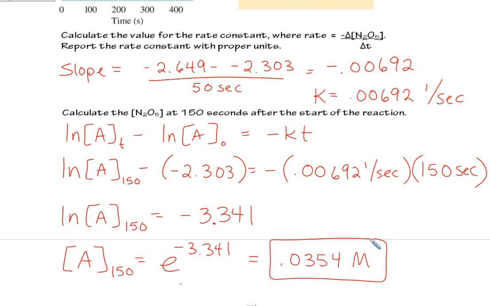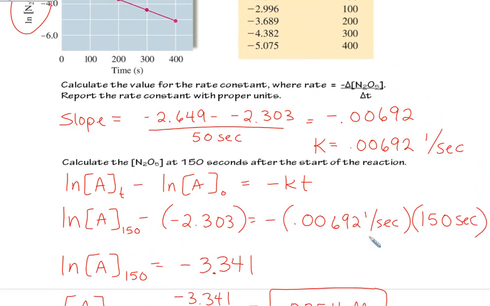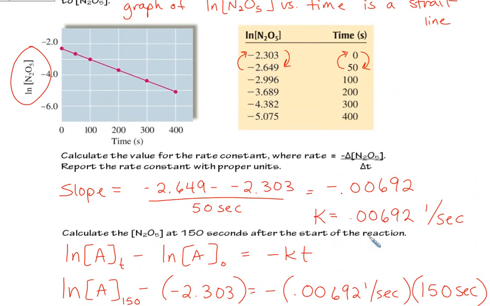Now we can see if this makes sense. The natural log at 150 seconds was negative 3.34-ish. Well, that's what's listed on this graph. So if I were to go about 150 seconds, that's probably about right, approximately negative 3.34-ish.